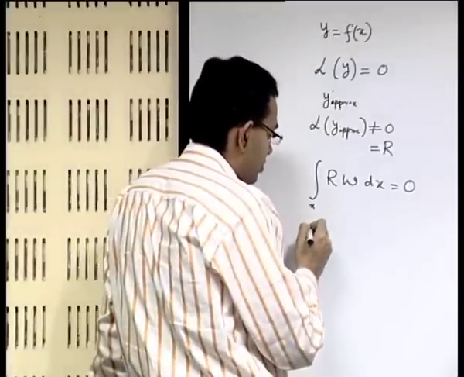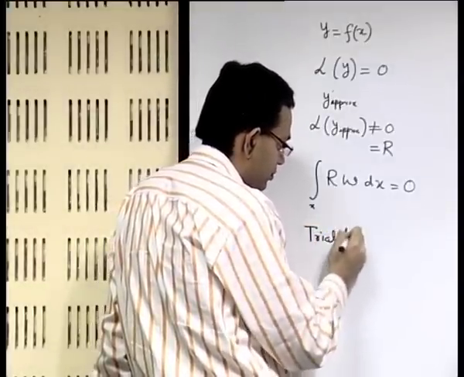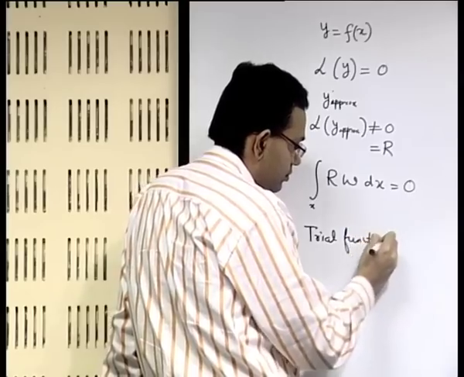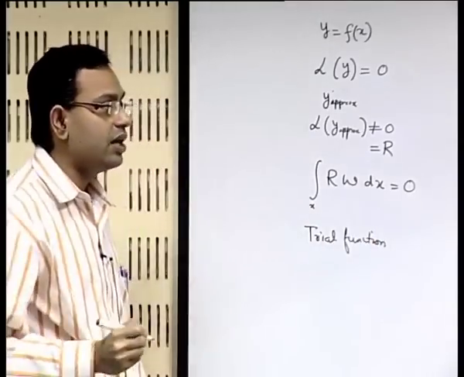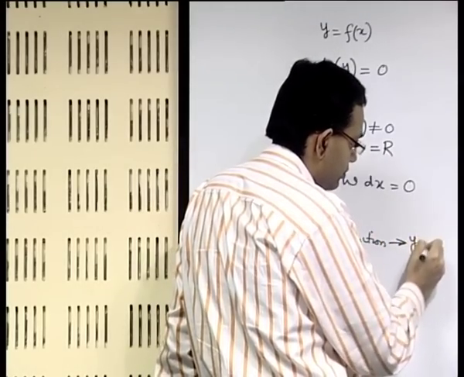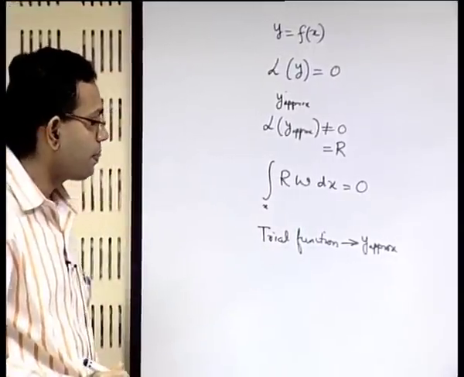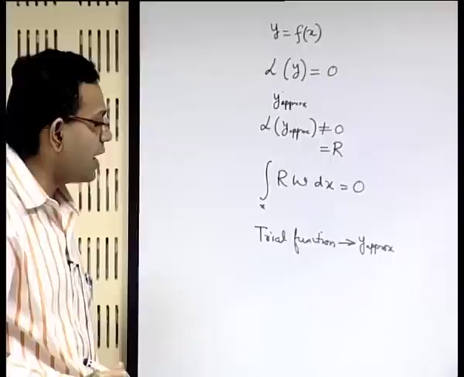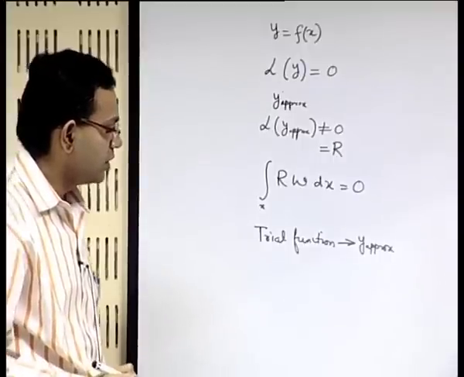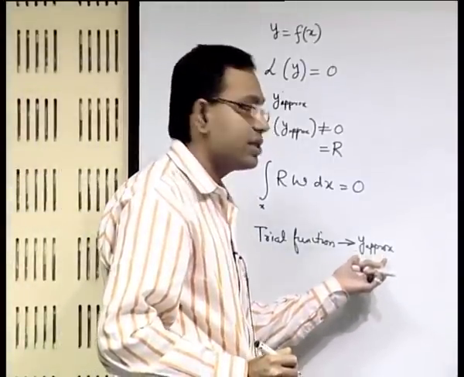So, first terminology is the trial function. The trial function is nothing but the y approximate, and in this trial function the y approximate can be chosen in many ways.